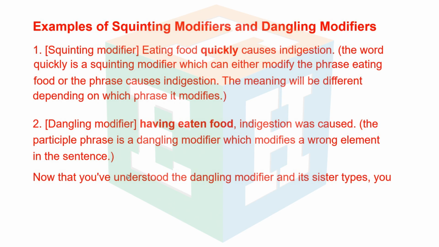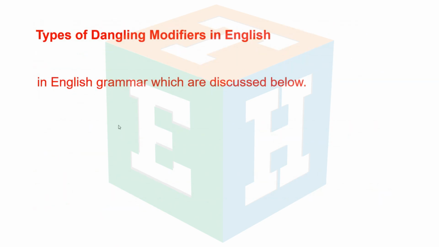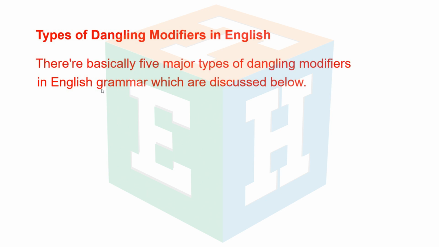Now that you've understood the dangling modifier and its sister types, you need to master the types of dangling modifiers, with examples, discussed below. Types of dangling modifiers in English. There are basically 5 major types of dangling modifiers in English grammar, which are discussed below.